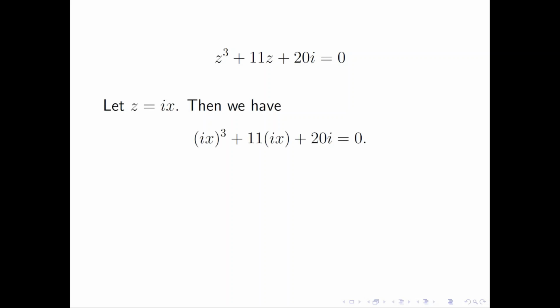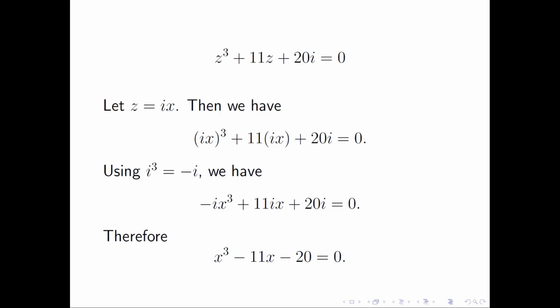Let z equals ix. Plug it in, we have ix to the power 3 plus 11ix plus 20i equals 0. We know i to the power 3 is negative i, so we have negative ix cubed plus 11ix plus 20i equals 0.